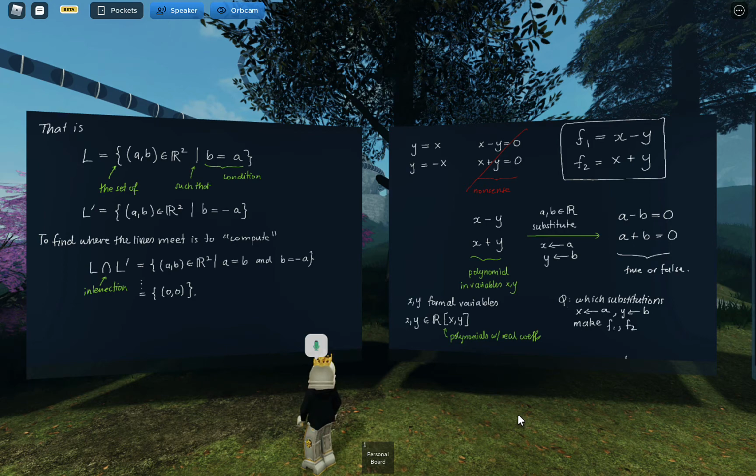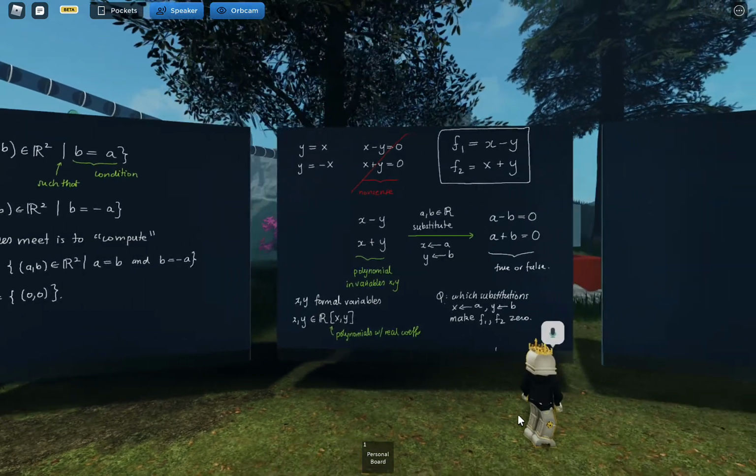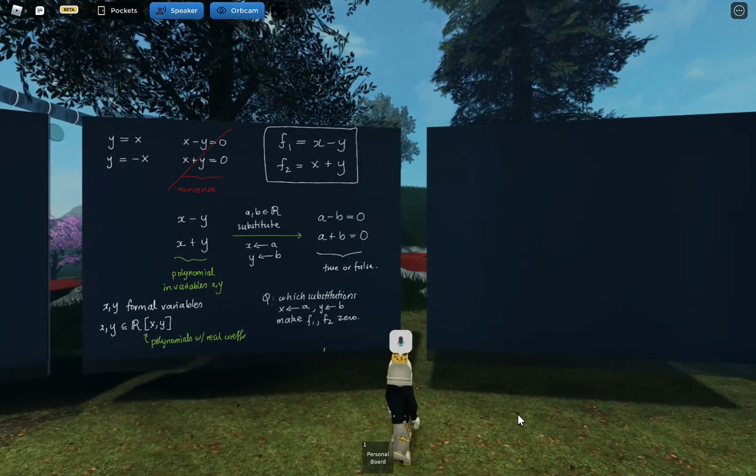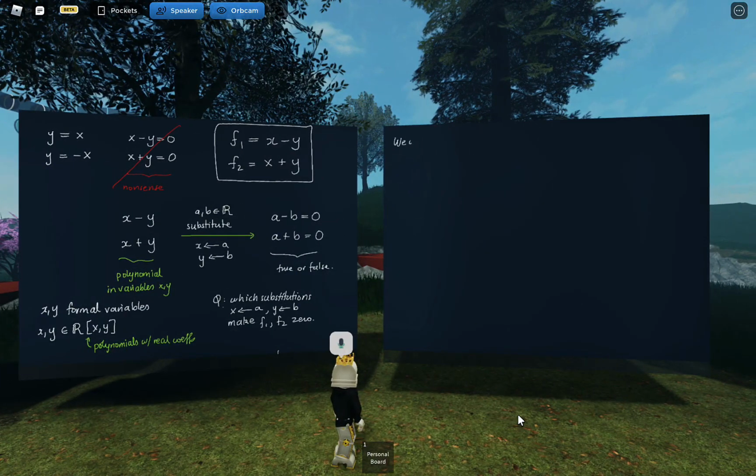So the question is, when I make these substitutions, which particular a and b make f1 and f2 both 0? We write the result of substituting a for x and b for y in a particular polynomial f1, say, as f1(a,b).